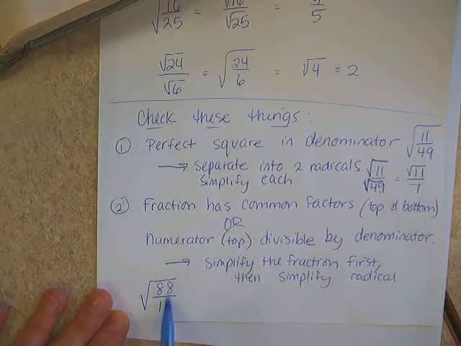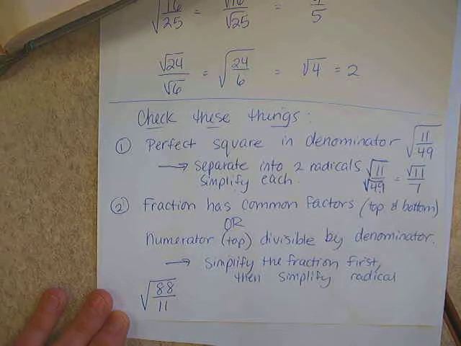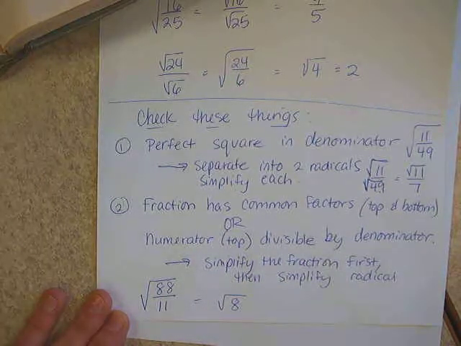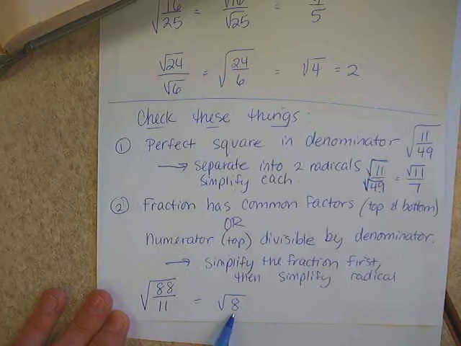An example of a fraction that can be simplified. These might be apart, they might be together. But you'd want to look at the whole fraction, regardless of where the radical is, because you can put them together or apart. You should notice that 11 goes into 88. So it wouldn't make sense to split these apart. We might as well do 88 divided by 11, which is the square root of 8.